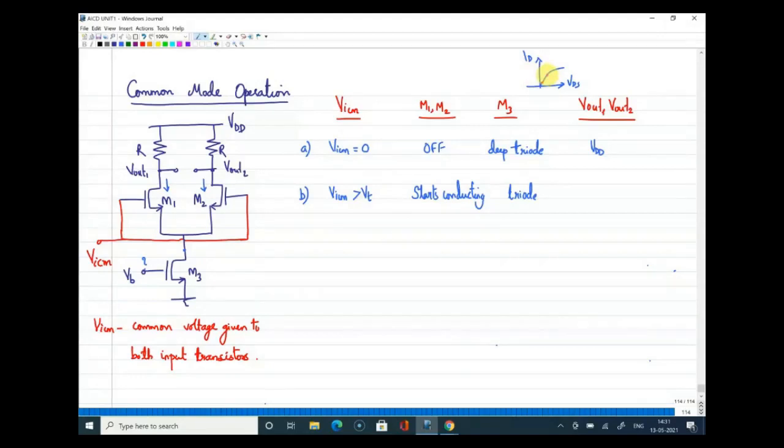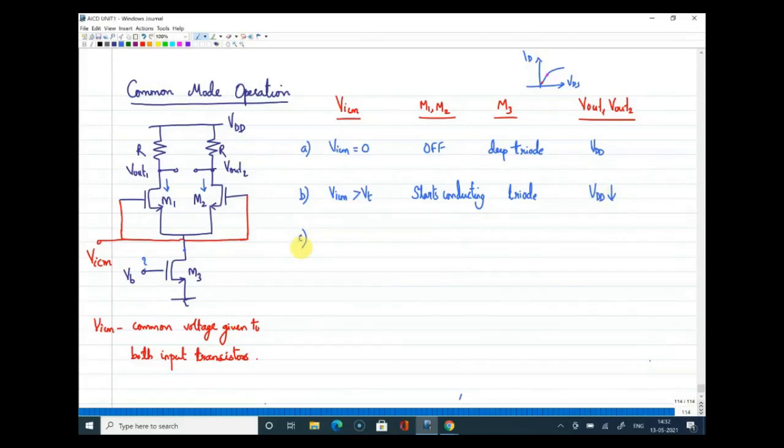And what will happen to your output voltage? Previously it was VDD. As the current started because both M1 and M2 started conducting, the output voltage will start reducing.